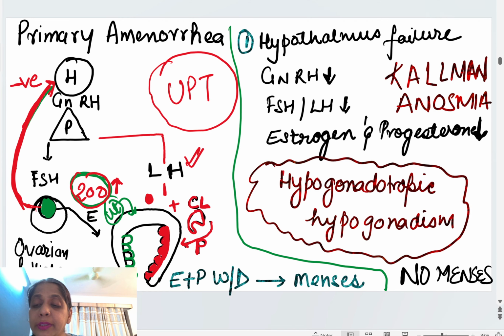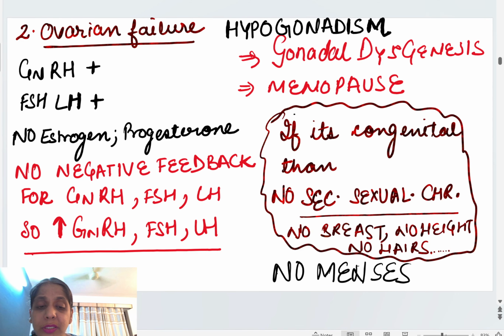Now, what happens if the hypothalamus is functioning and the ovaries fail? Now gonadotropins, FSH and LH, will be there, but as the ovaries are not functioning, there will be no estrogen and progesterone.